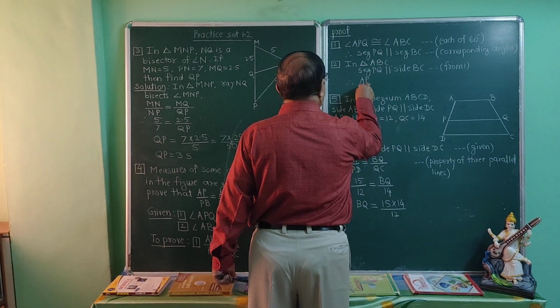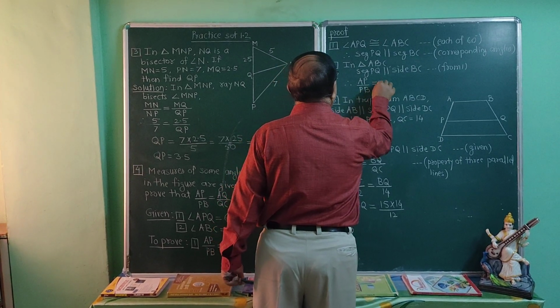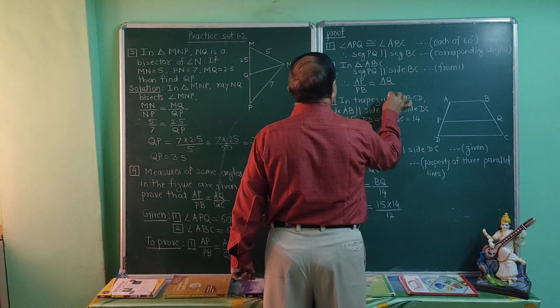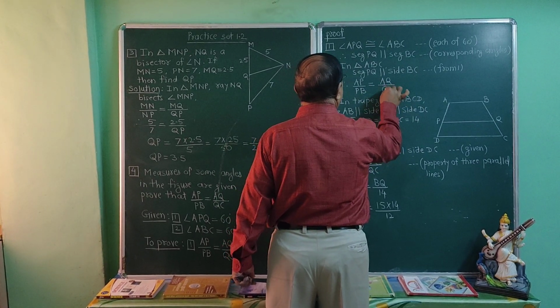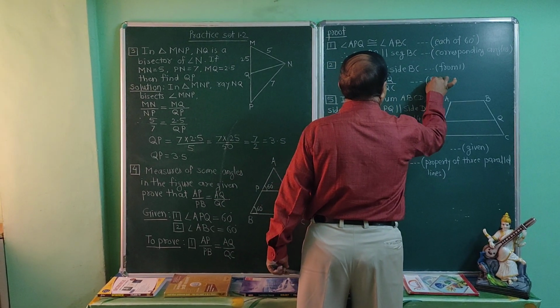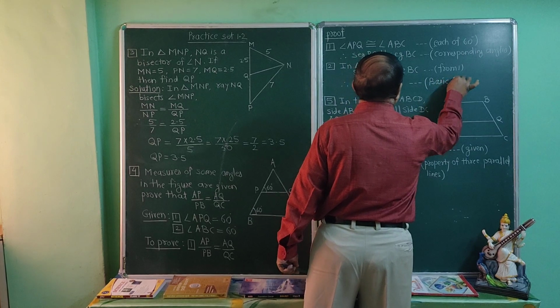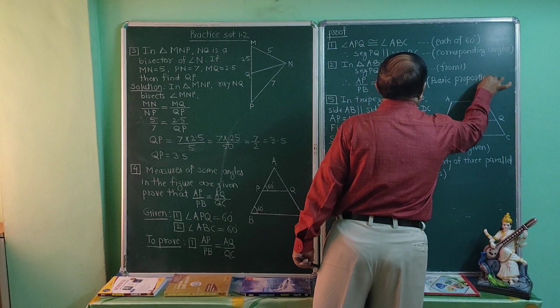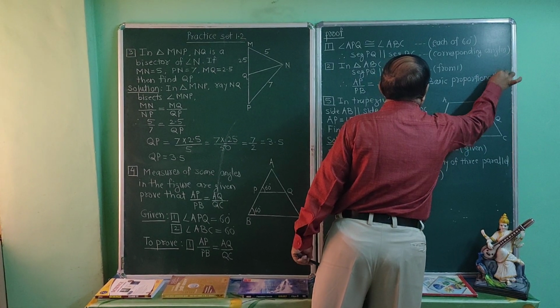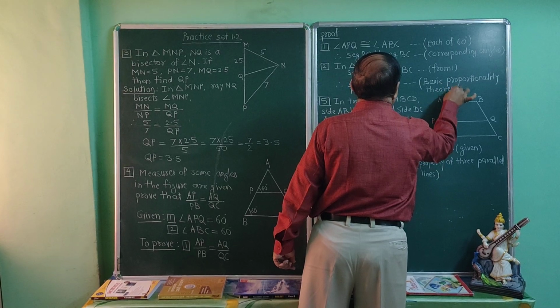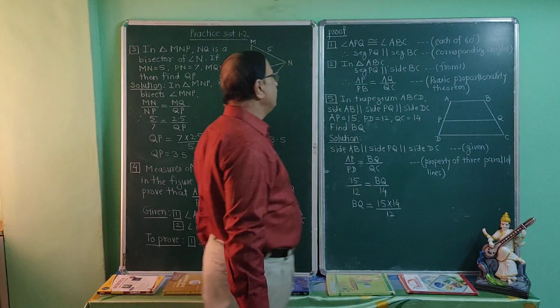Therefore, AP upon PB is equal to AQ upon QC by basic proportionality theorem, by BPT.